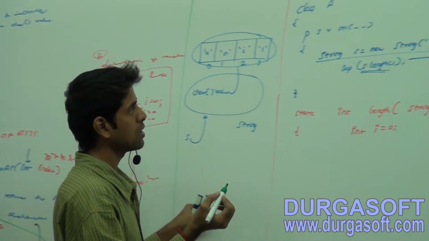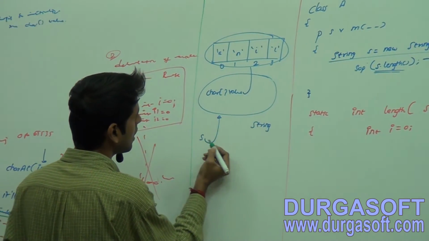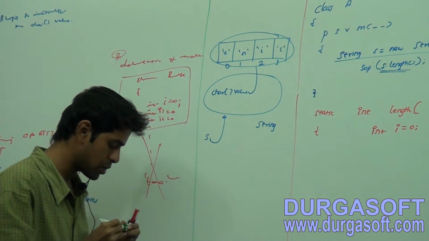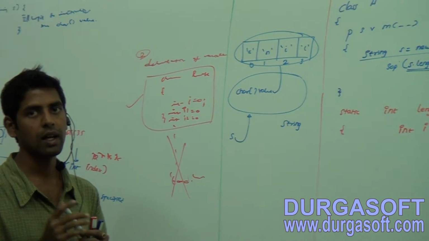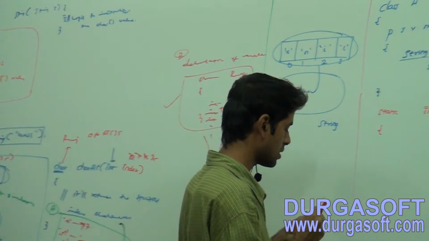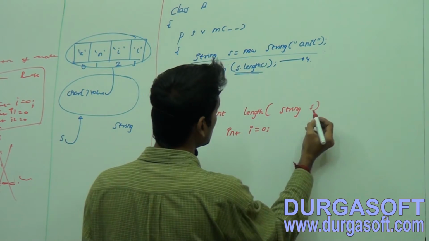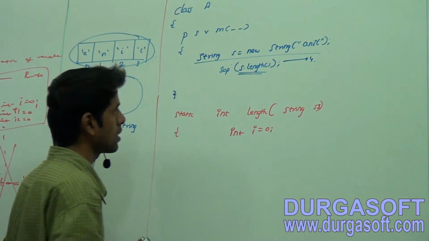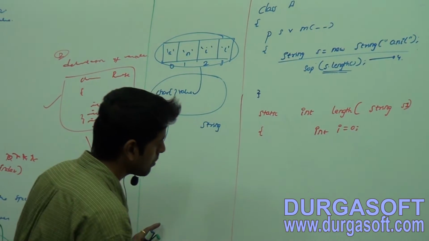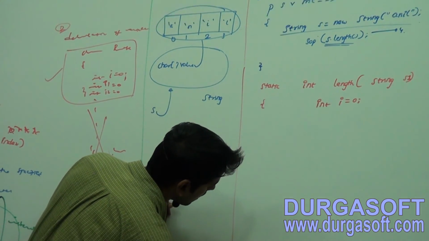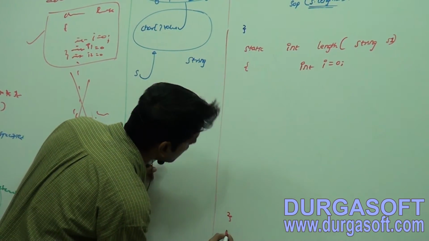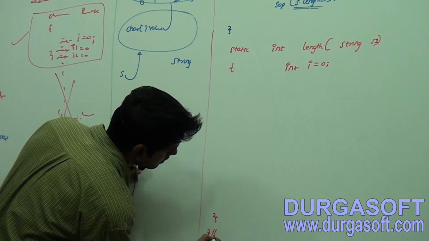Now you have passed. What is this? Observe here, simple thing I want to tell to you. Now let it be, I'm having some logic here, and here ends the class A.